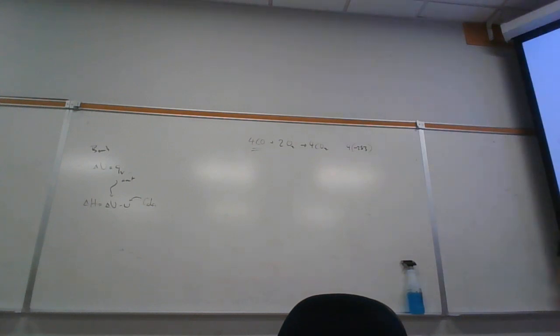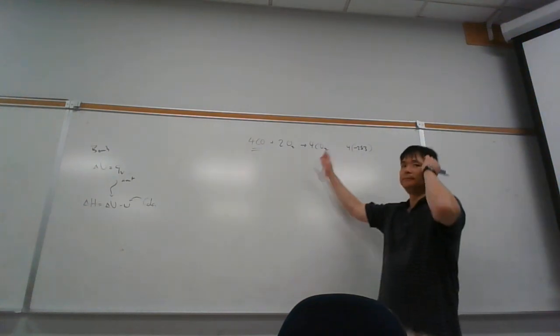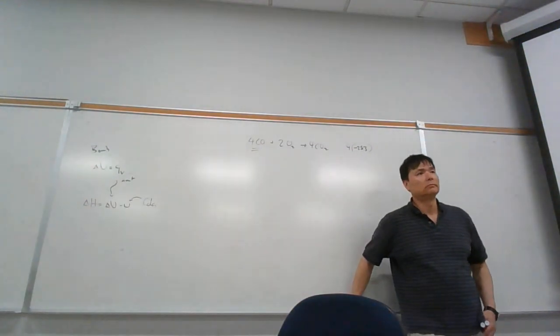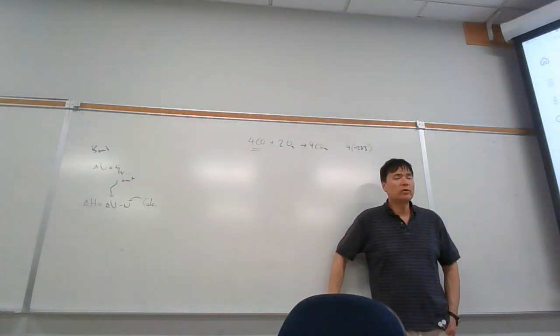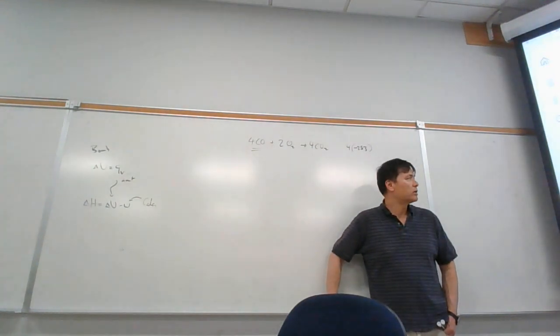So how can I get rid of 3 of the CO2s and leave me with just 1 CO2 here? There's only one way to do it. What other equation has CO2?